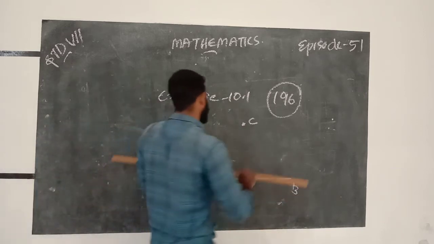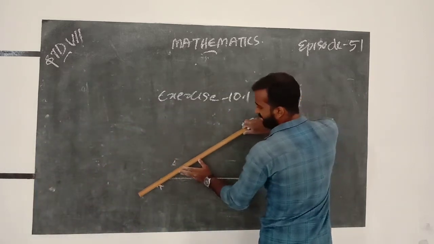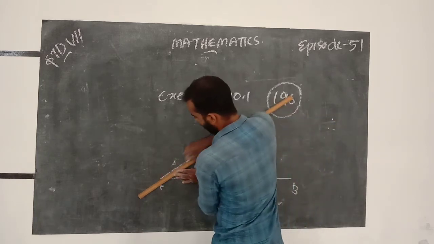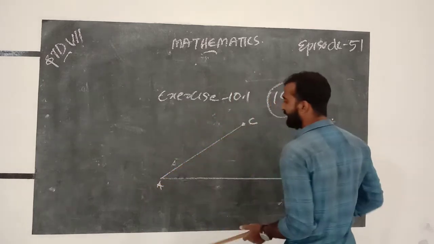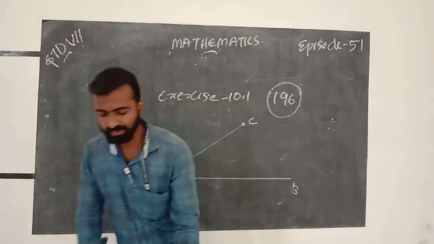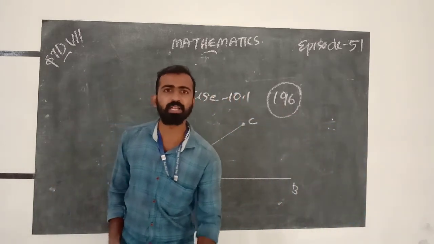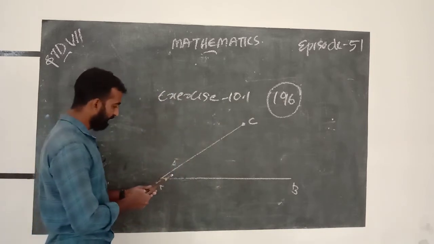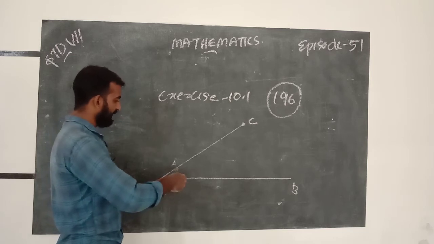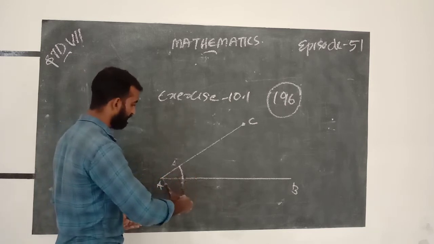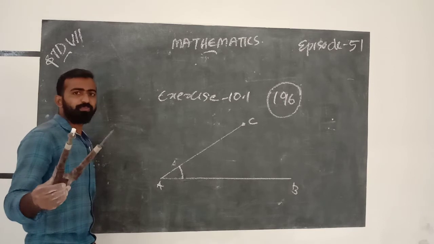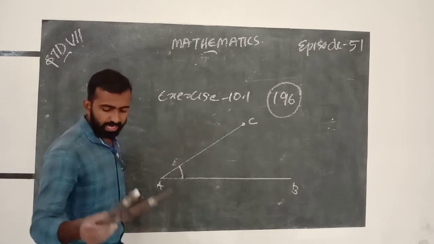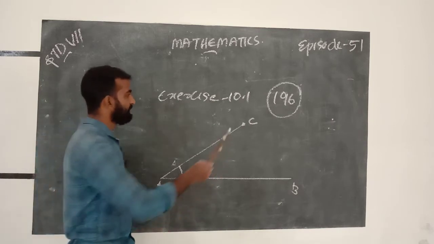Next we join A and C. Next procedure is we take the compass and set a radius. We draw an arc with center A, and with the same measurement we make an arc at C.